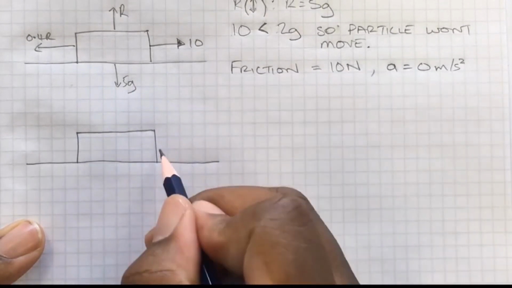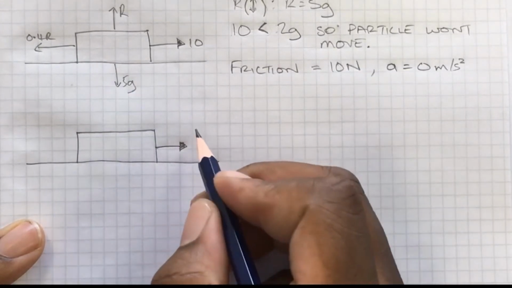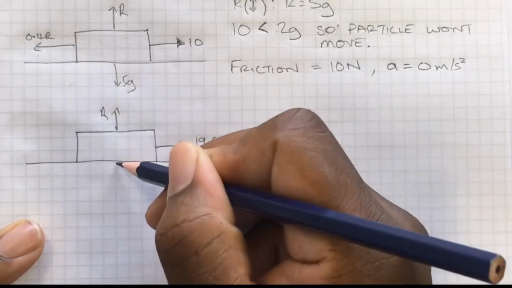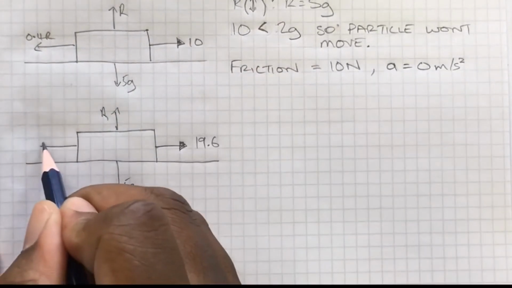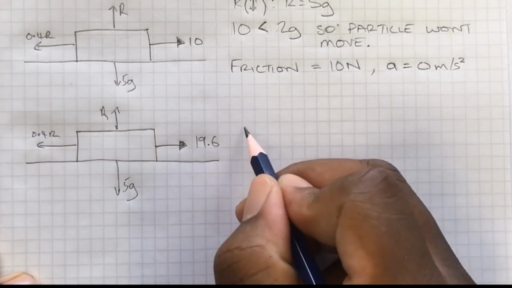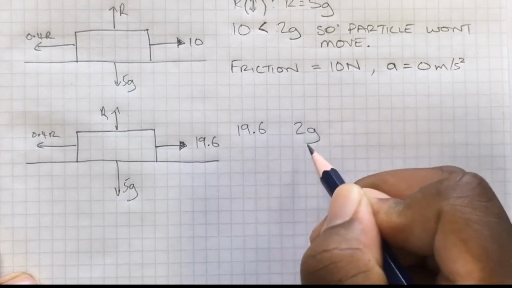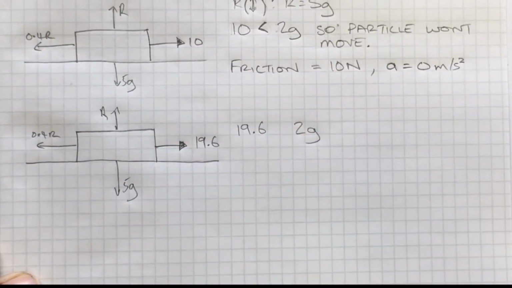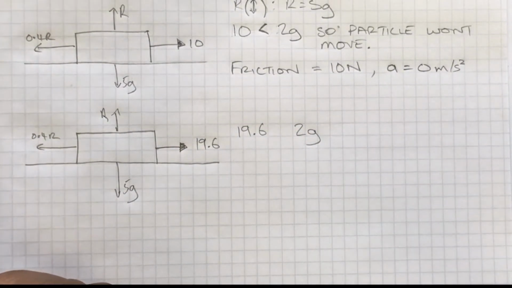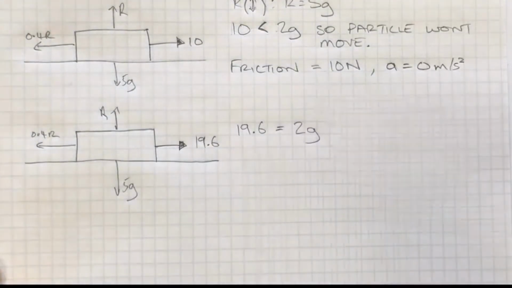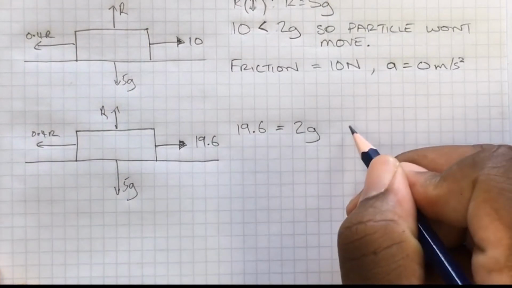Okay, and just one more case to consider. What would happen if the driving force was exactly 19.6 and the maximum friction, once again, is 2g, so 19.6? What if these two matched each other? If we have this situation, we're still in equilibrium, but this is a specific type of equilibrium.